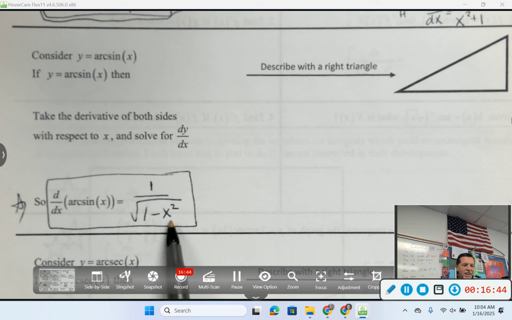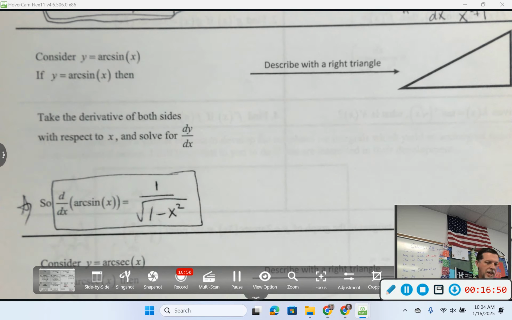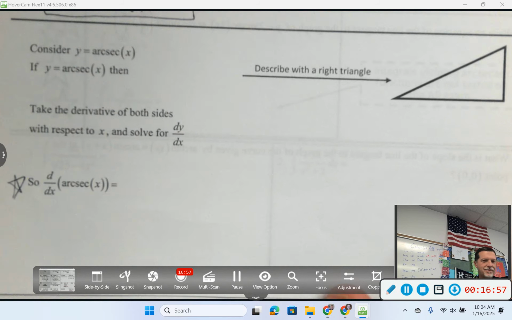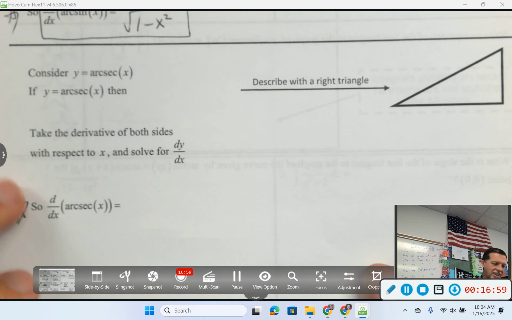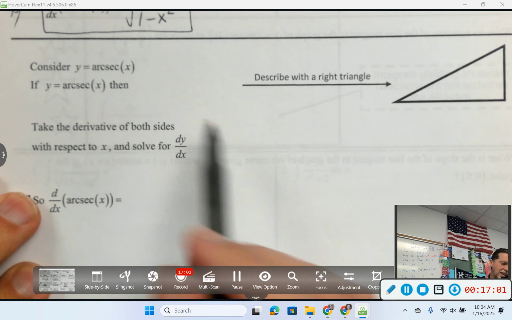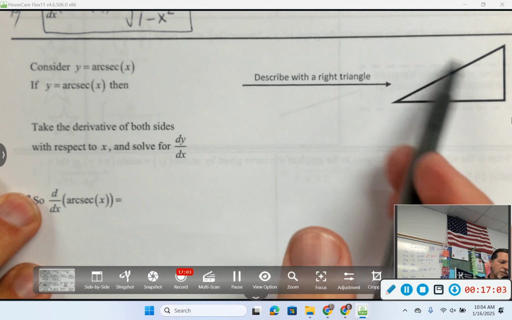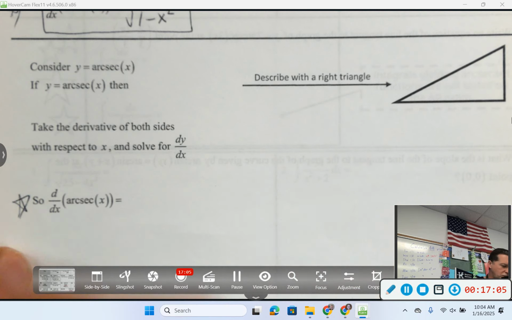It kind of looks like somebody used a squared plus b squared equals c squared, so maybe that makes sense. Again, I could go through the whole process, but no. And then arcsecant, again, same thing. You could draw a triangle. You could do a squared plus b squared equals c squared.